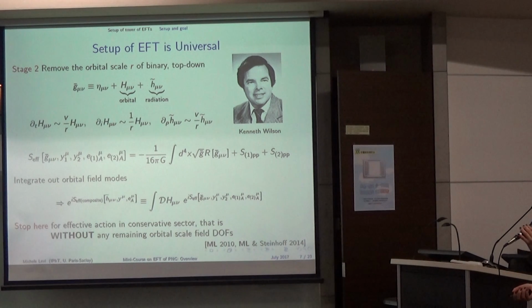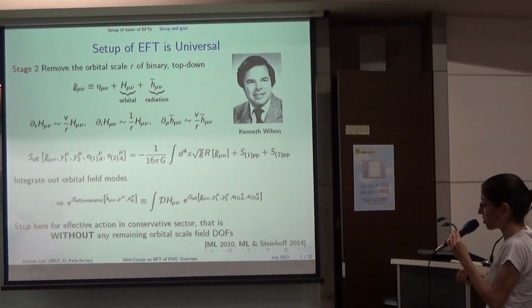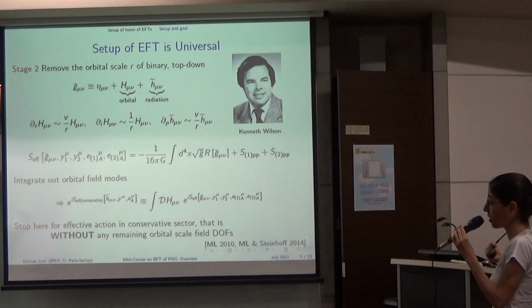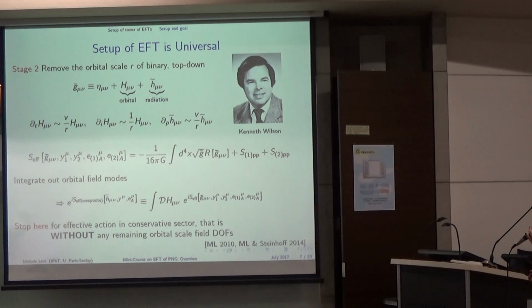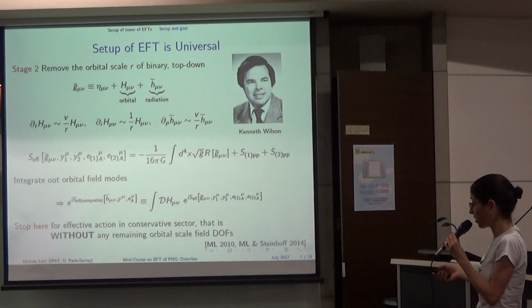That was one of the shortcomings of his work, that he was not able to split the particle and field degrees of freedom, and therefore the action that he obtained still had orbital scale field degrees of freedom in it.